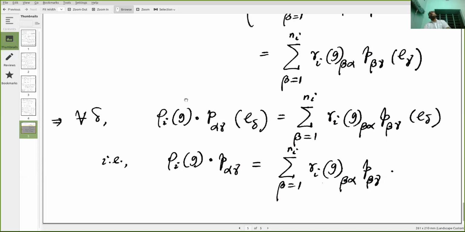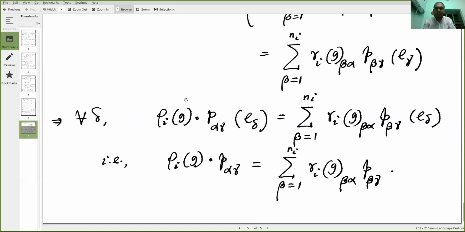So basically the formulas that we have derived are for representations which are irreducible. This formula is valid for any irreducible representation. When the irreducible representation is isomorphic to rho I, then we have this. Otherwise, if the irreducible representation is not isomorphic to rho I, then this P alpha beta, what we can define, is entirely 0.